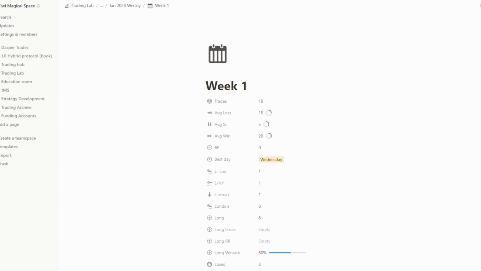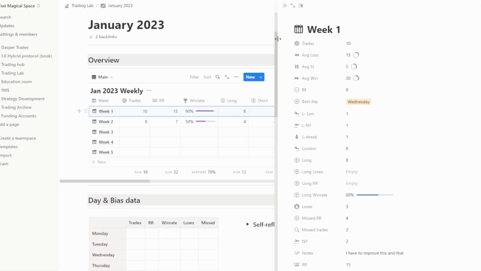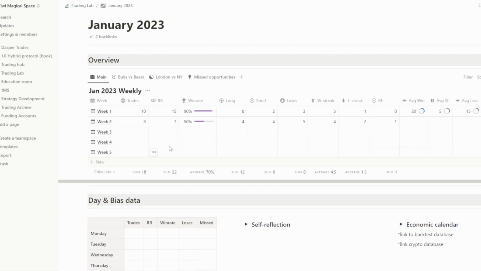So if we go back here, on the weekly basis, obviously I'm tracking the trades and the risk-reward ratio, and what is quite important for me also is how many longs I take, and how many winning streaks and losing streaks I got, especially because I obviously do want to get funded this year, because I feel like I could increase my capital a little bit.